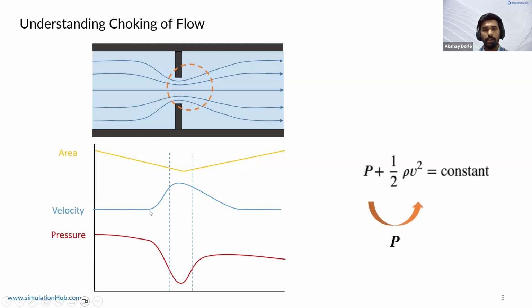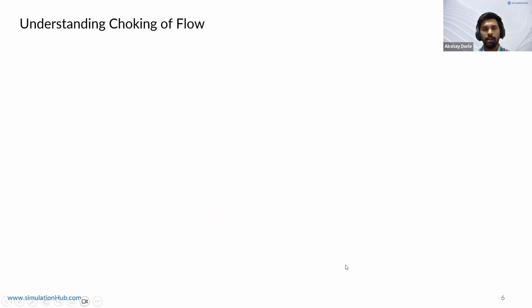Near the vena contracta the pressure energy gets converted into velocity head, and further downstream, as the area gets back to the original size, the velocity is transformed back into pressure. So Bernoulli helps us understand the relationship between the fall of pressure and the rise of velocity.